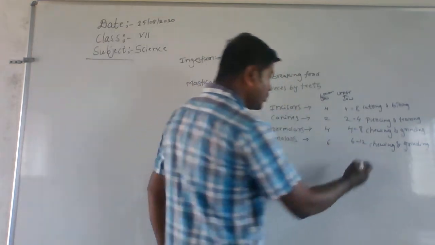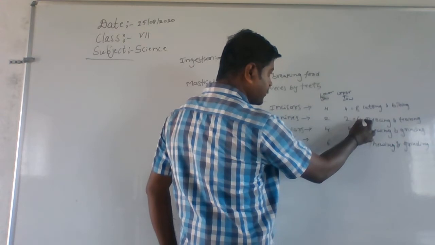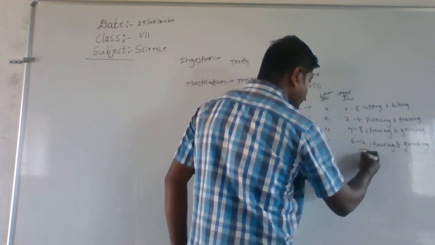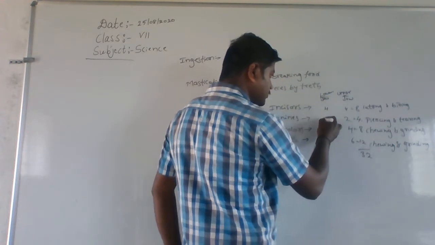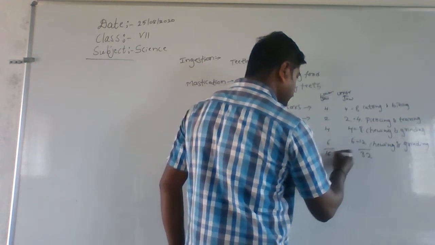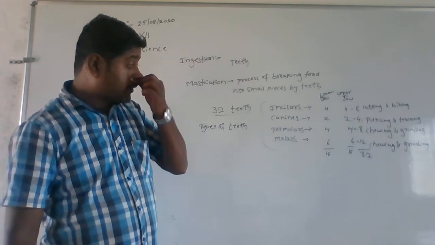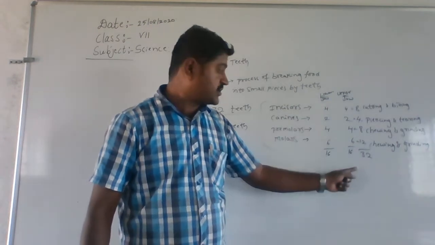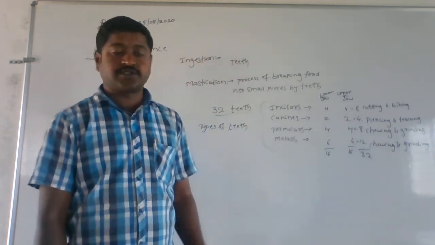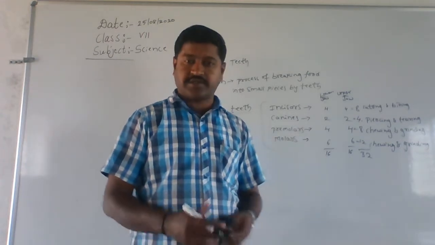Total: 12, 8 is 20, 20 plus 4 is 24, plus 8 is 32. So 16 teeth in each jaw, in the lower jaw as well as the upper jaw, and a total of 32 teeth.